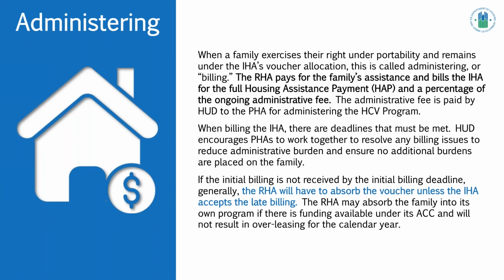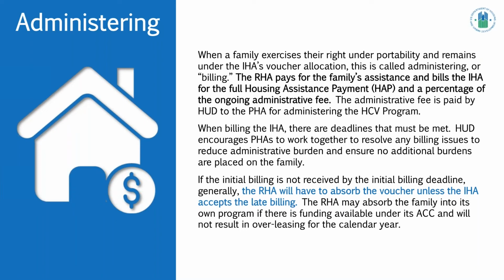There are billing deadlines that must be met, and HUD encourages PHAs to work together to resolve any billing disputes. It's important that billing issues are resolved to reduce administrative burdens and also to not place burdens on the family.